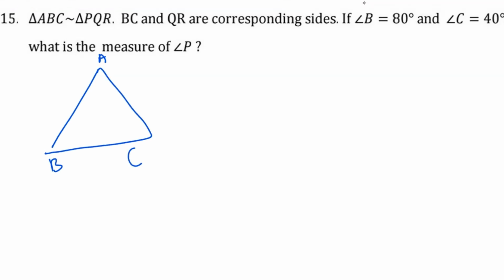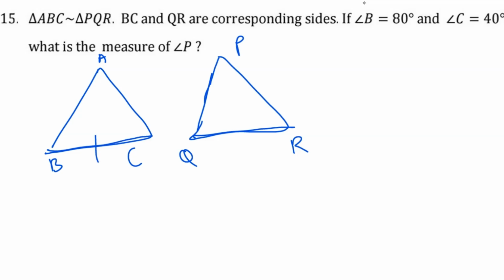Then moving with the next one, we have triangle ABC and triangle PQR. BC and QR are corresponding sides. Angle B is equal to 80.